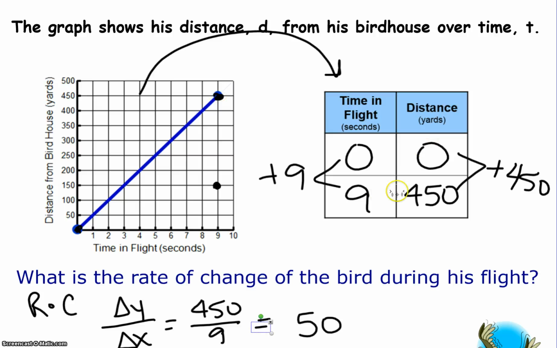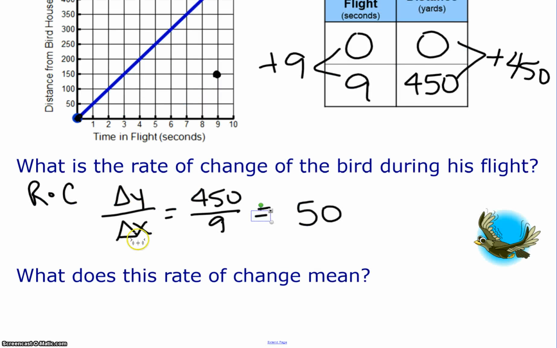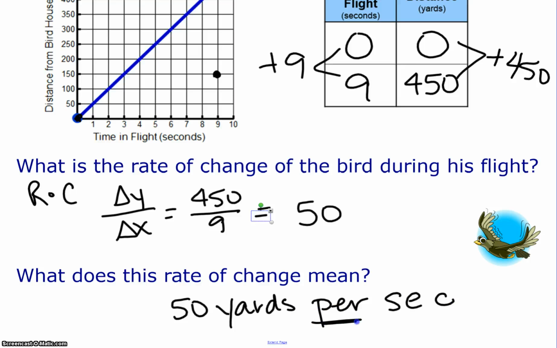The second point I chose is 9, 450. To find the rate of change, you do change in y over change in x. So that's 450 divided by 9, or 50. What does this rate of change mean? It means he travels 50 yards per second. We're talking about rate of change, but we're also talking about unit rate.